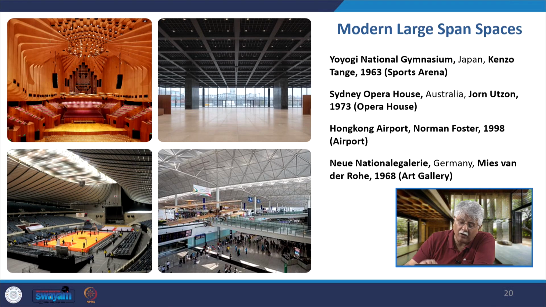So when we talk of the Yoyogi National Gymnasium in Japan by Kenzo Tange in 1963, this is the amount of open space. Sydney Opera House by Jorn Utzon in 1973.